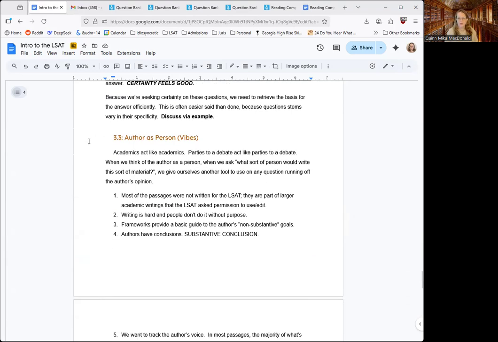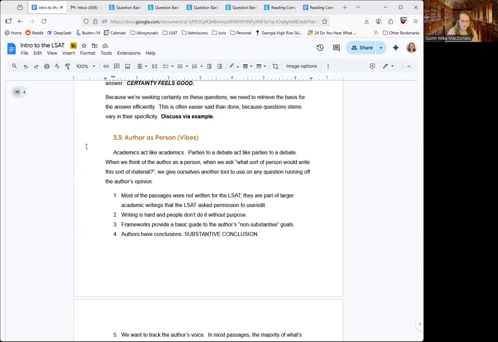Author as person. As we get deeper and deeper into the really tough questions of this section, we're going to see a lot of inferential type questions that are very hard to answer based solely on the text. Rather, you need to ask yourself, given what I know about the author and their beliefs, given the way they've approached this topic, what can I infer they would also agree with, right?